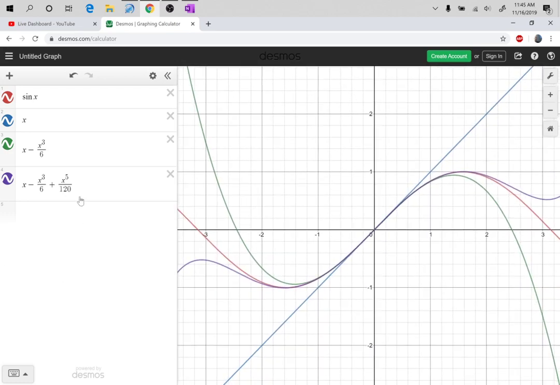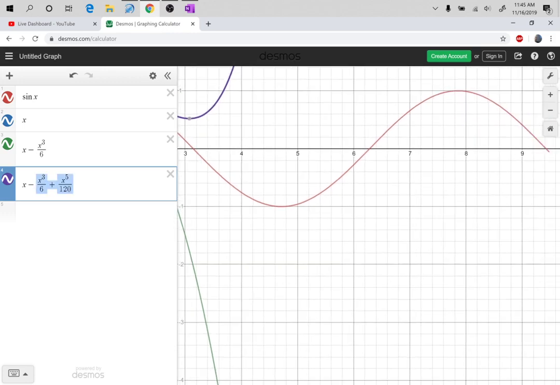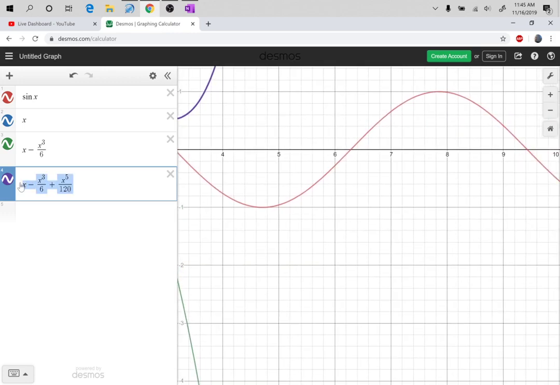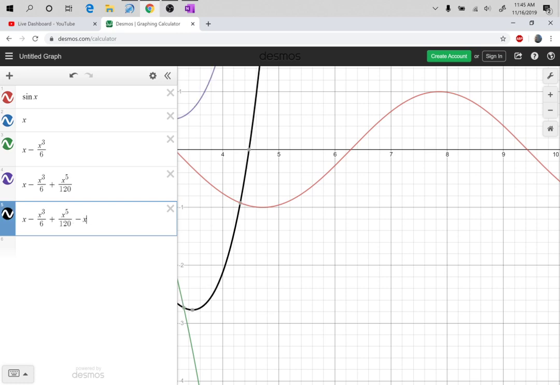So I'm just going to add the other 2 terms that I mentioned. So it's going to be copy. I'm going to subtract x to the 7th divided by 7 factorial.